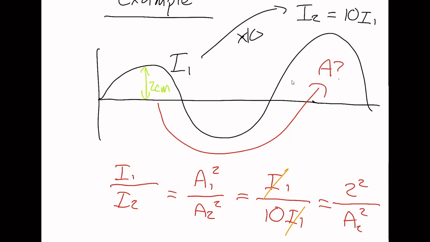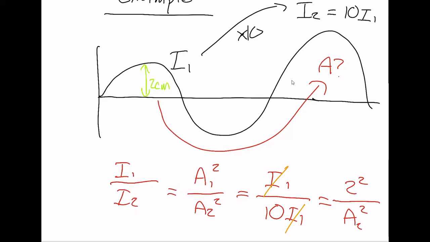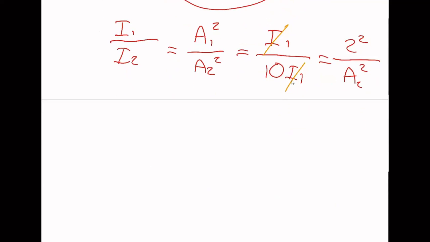Correct? Good. So now we can write that as an equation: 1 over 10 is equal to 2 squared over A2 squared.